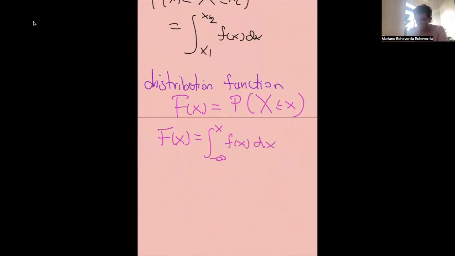At this point, you may get a little concerned about using x both as the upper bound and as the variable of integration. For mathematical purposes, it is a little better to change the variable of integration. It wouldn't cause many issues, but it is sometimes better to write it with a different variable.